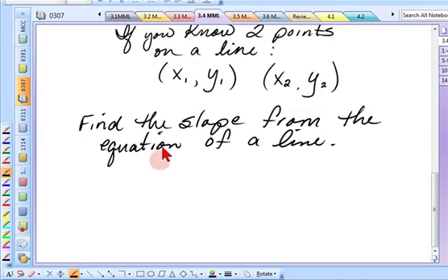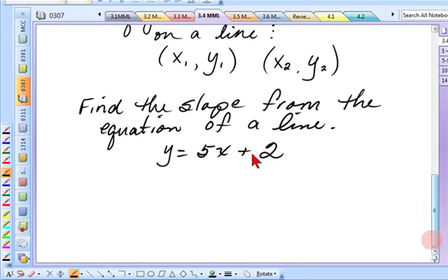If you have a line, let's suppose we have y is equal to 5x plus 2. This form of the equation of a line, when it is in solve for y equals, and we did some practice, we had some exercises where we had to solve the equation for y.